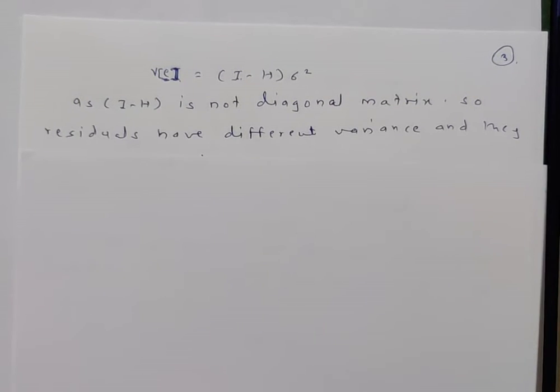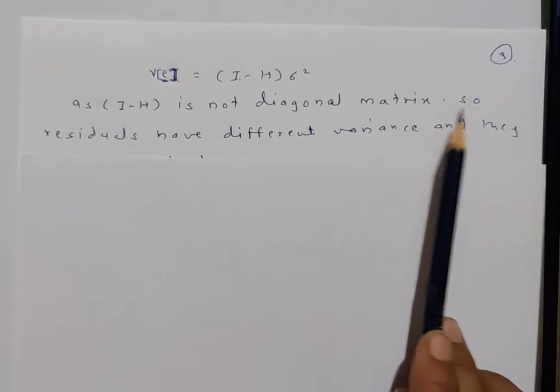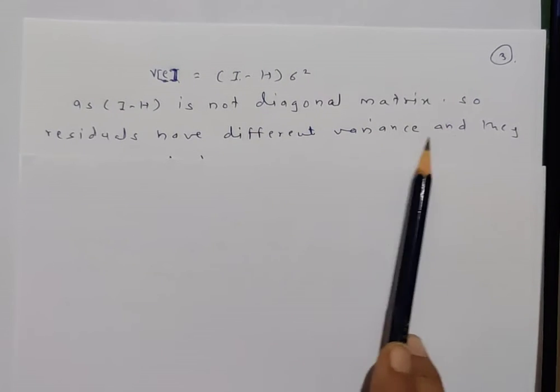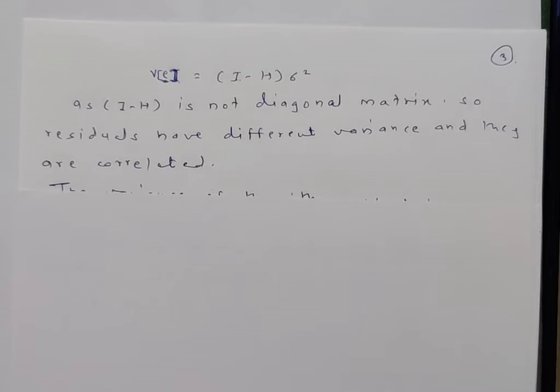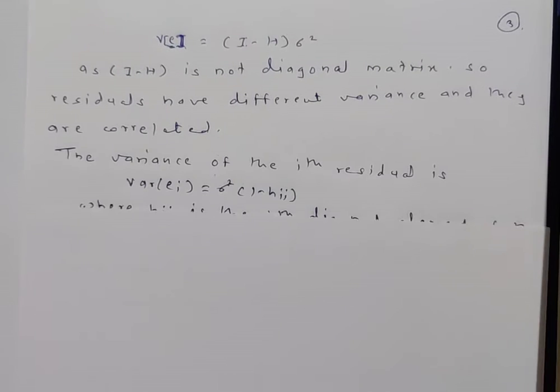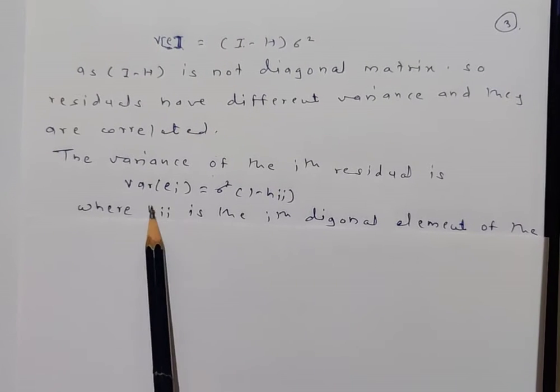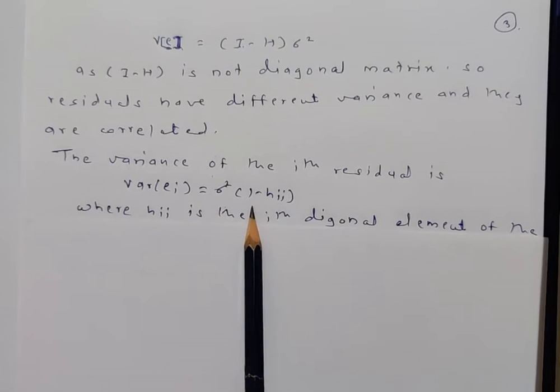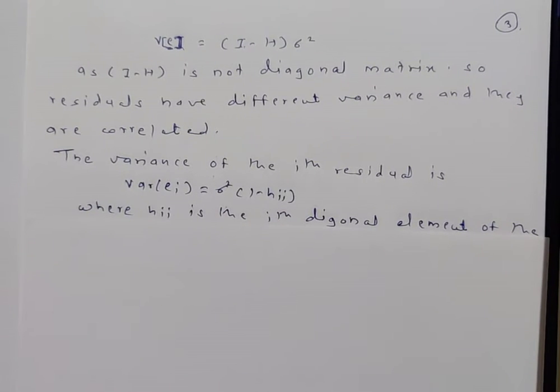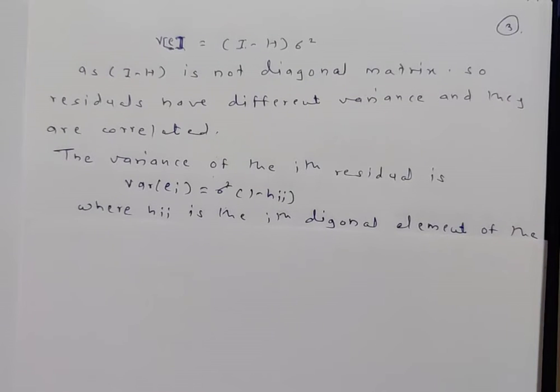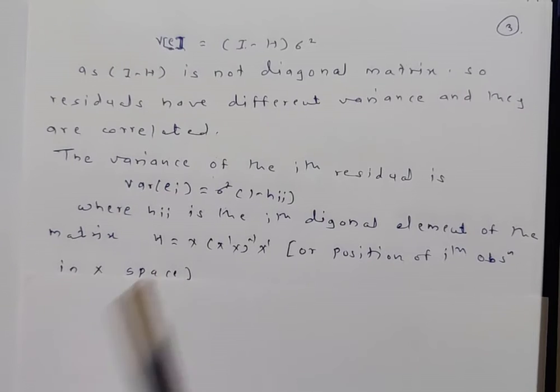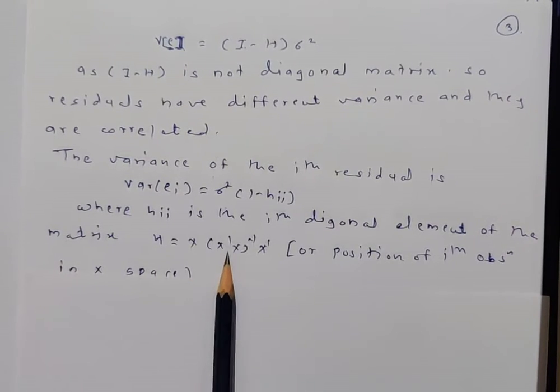As I minus H is not a diagonal matrix, residuals have different variances and they are correlated. So the variance of the ith residual is variance of e_i equal to sigma square into (1 minus h_ii). Over here, h_ii is the ith diagonal element of your hat matrix, and the hat matrix is X (X dash X) inverse X dash.